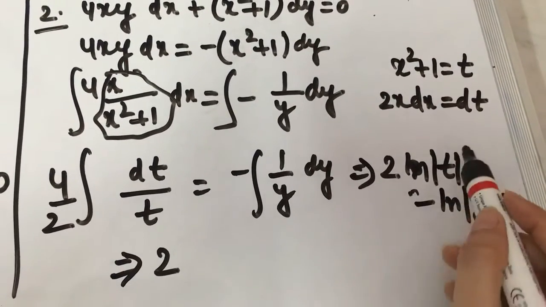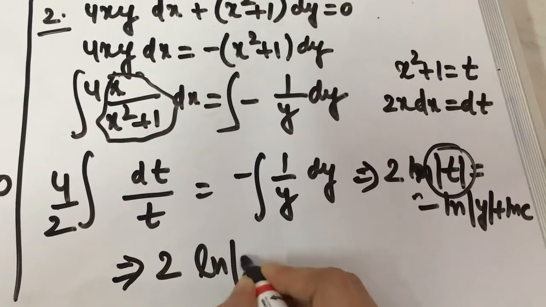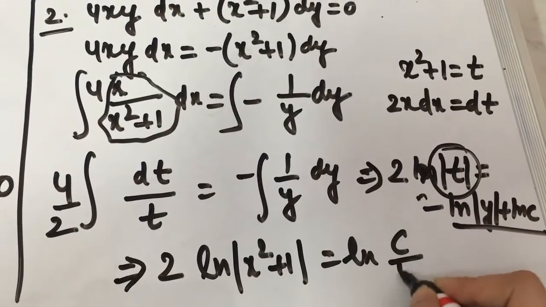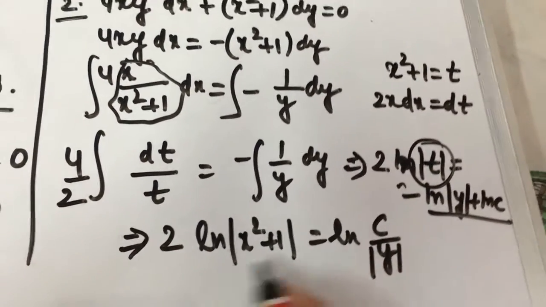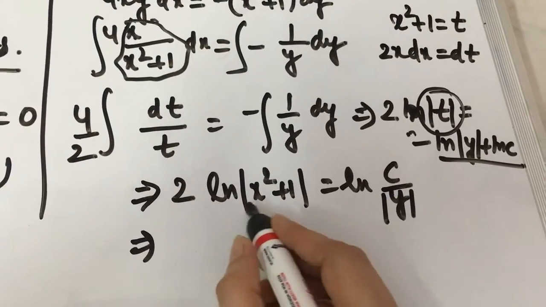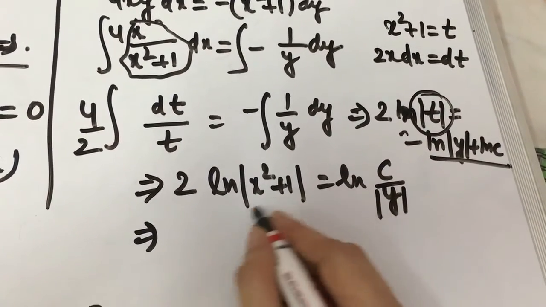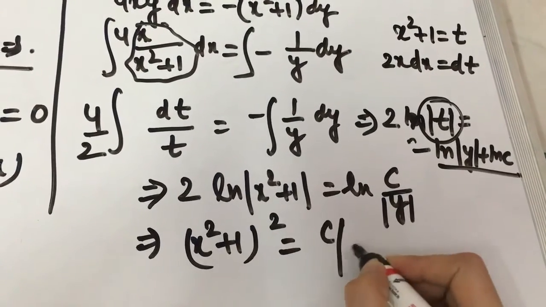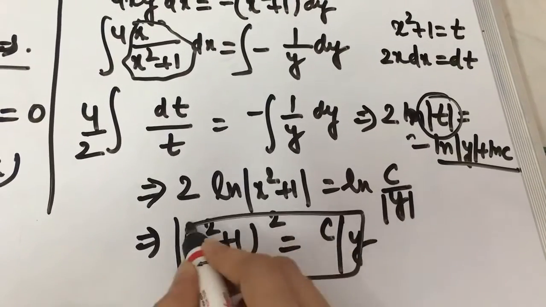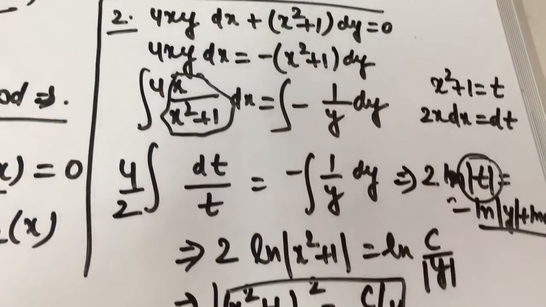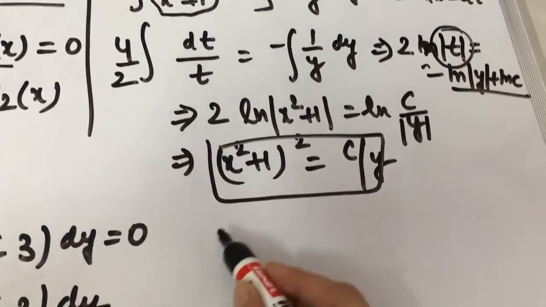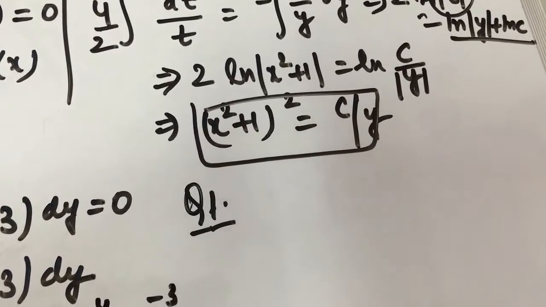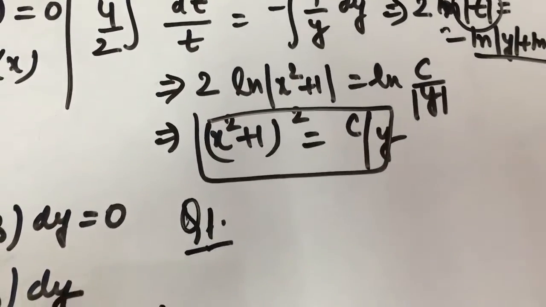Now I need to put in the value of t, which is x square plus 1, and the result will be ln of c by mod y. If I want, I can take the exponential function on both sides, so it will be c by y. This is the solution of this equation. So it is very easy to solve. Like this, we have to solve the questions. I am giving you some questions, you just try yourself.